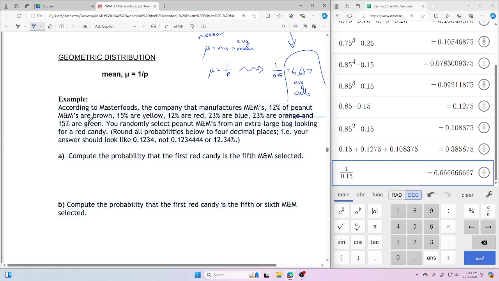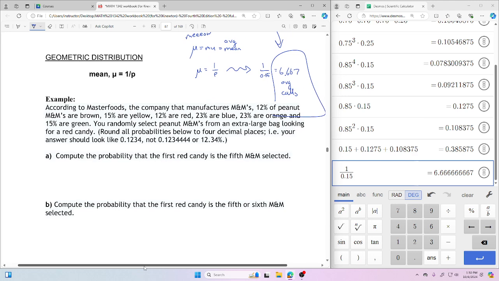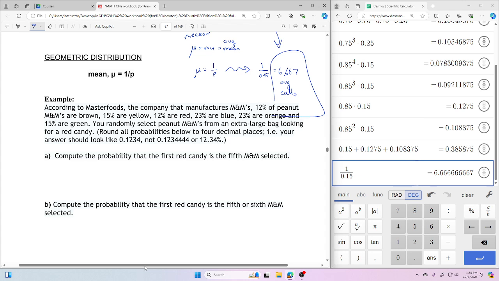It says, according to Master Foods, which I'm guessing just does M&Ms because they're talking about M&Ms. Oh, right there. It's the company that manufactures M&Ms. Okay. 12% are red. The M&Ms are brown, yellow, red, blue, orange, green. You randomly select M&Ms from a large bag, and you're looking for a red one.